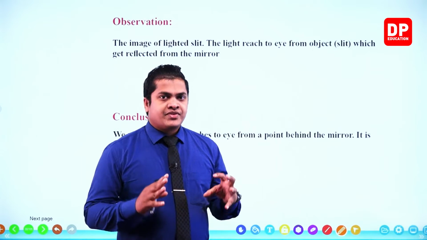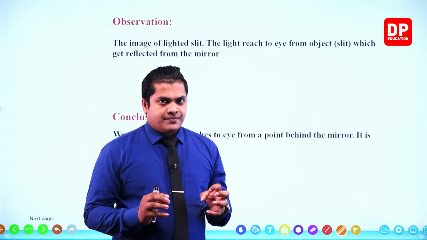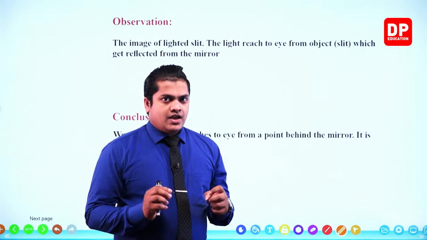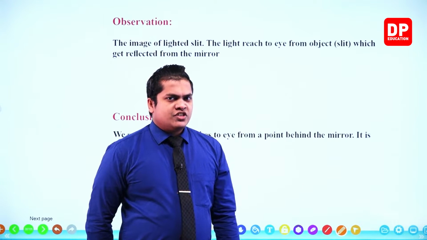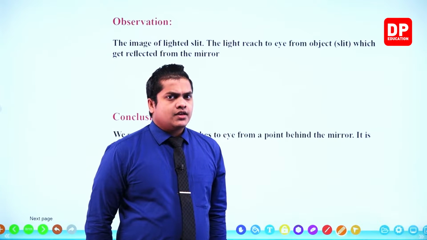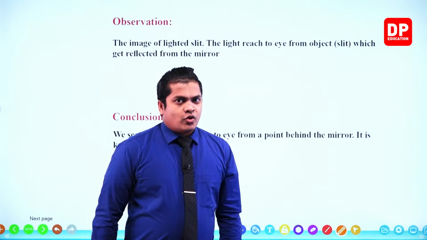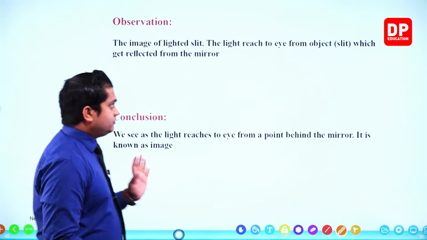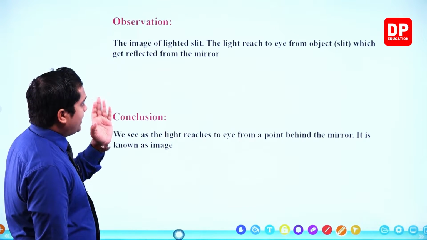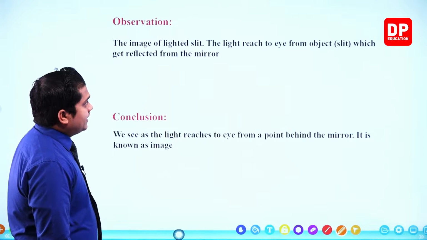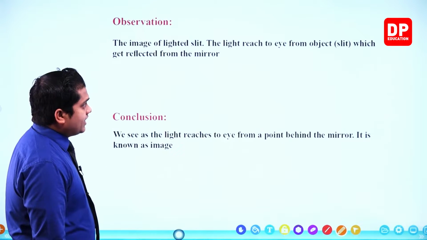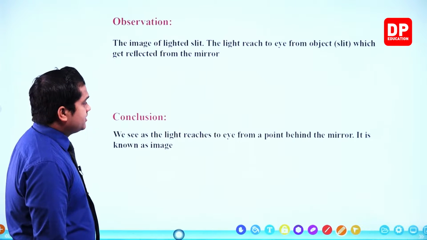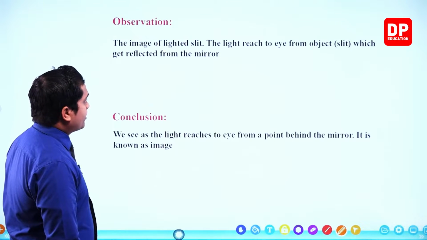So my dear children, we conducted the activity. And now it's time to check our observations and the conclusions. The observations and conclusions are now given on the board. Let's see. The image of the lighted slit. The light reached the eye from the object, which is the slit, reflected from the mirror.